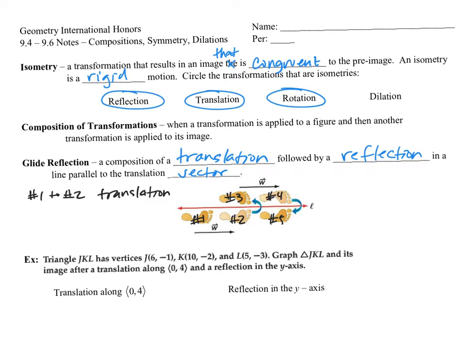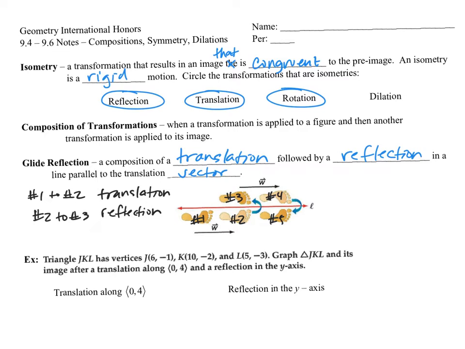So number 2 to number 3 is a reflection, all right? And then as we look at number 3 to 4, that's another translation determined by the vector W again.